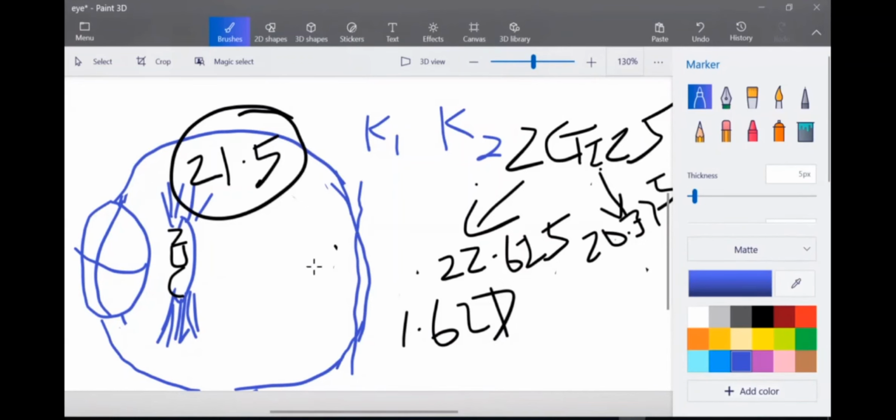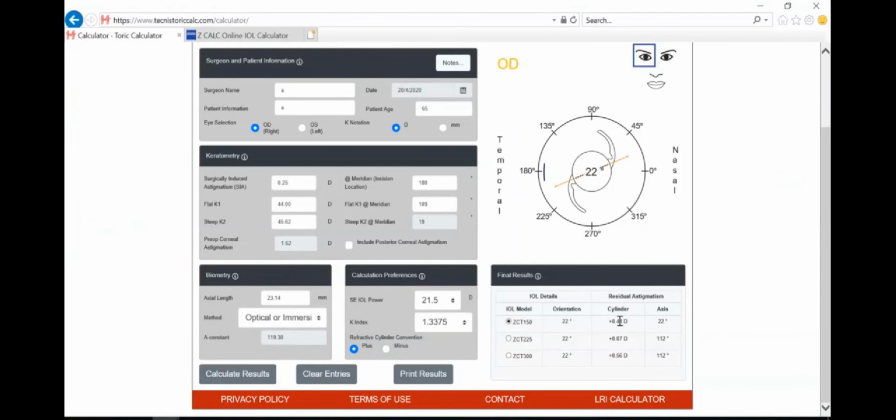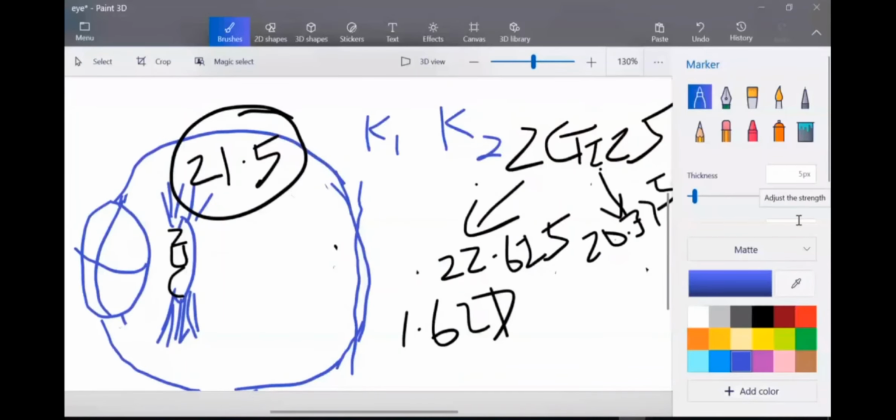Now, when I correct the astigmatism, bringing it down from 1.62 to 0.43, the two focal points are going to be much closer now, but the gap that you see between the two focal points is 0.43 diopters.